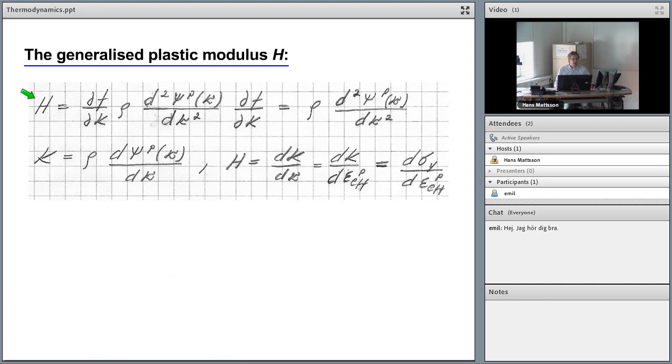And then we go to the generalized plastic modulus here. We have this result here. The derivative of F with respect to the hardening parameter is just -1, -1 times -1 is 1, so we are left with this result here.